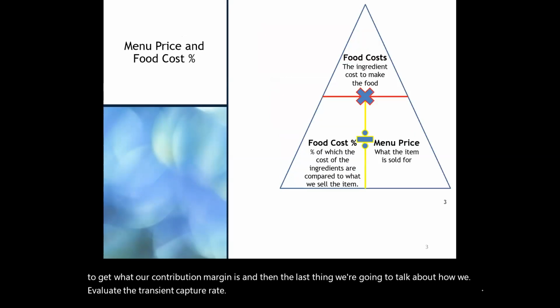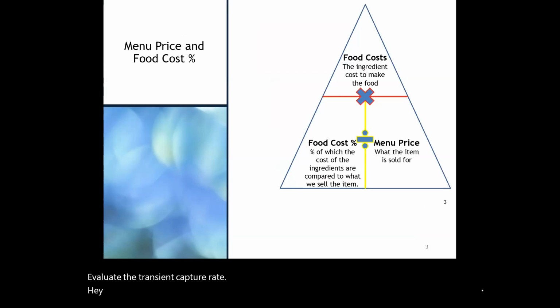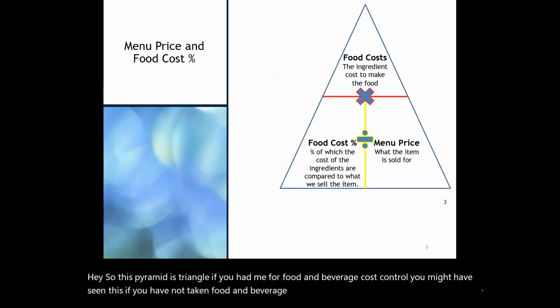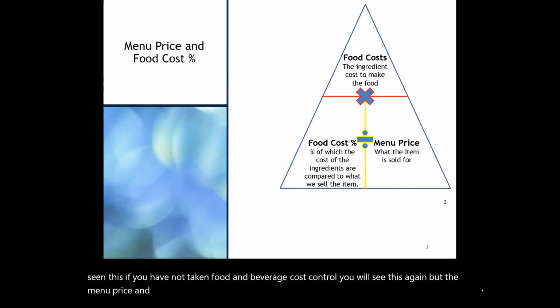Okay, so this pyramid, this triangle, if you've had me for food and beverage cost control, you might have seen this. If you have not taken food and beverage cost control, you will see this again. Our food cost percentage is the percentage that the cost of those ingredients is in relation to what we sell our item for.